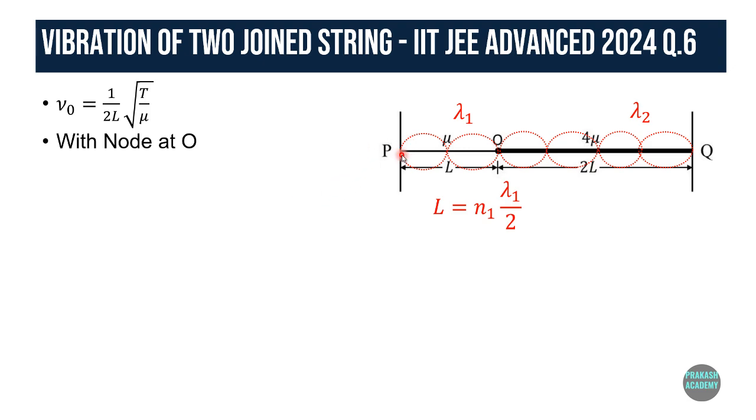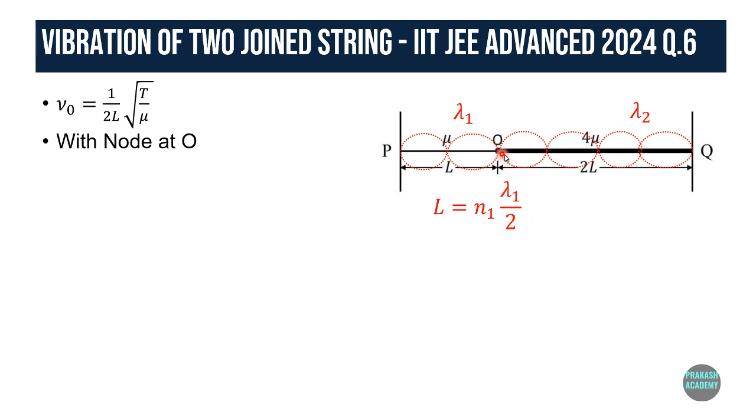So if I have n1 loops from here to here, then the length will be n1 times lambda 1 by 2, because the wavelength in this case is lambda 1, and this is also equal to L. So we can write this equation, that is L equals n1 times lambda 1 by 2.